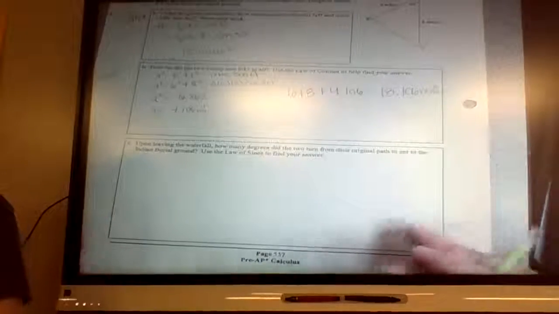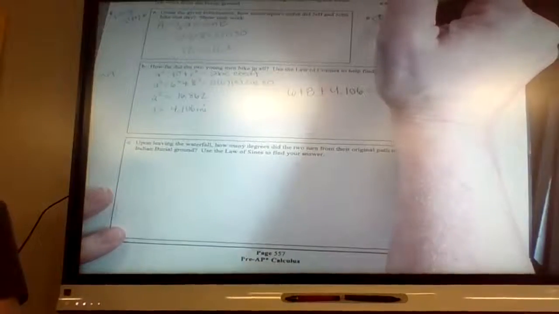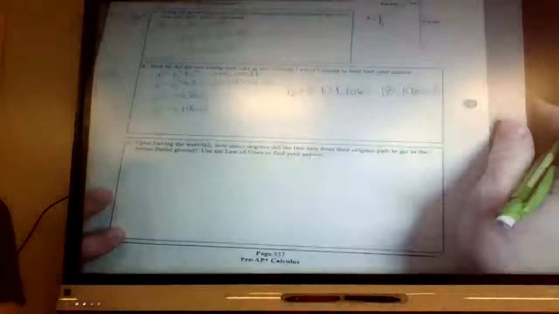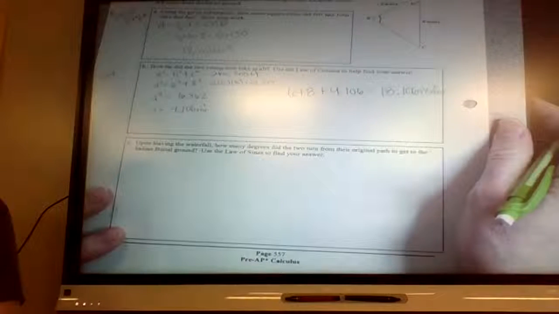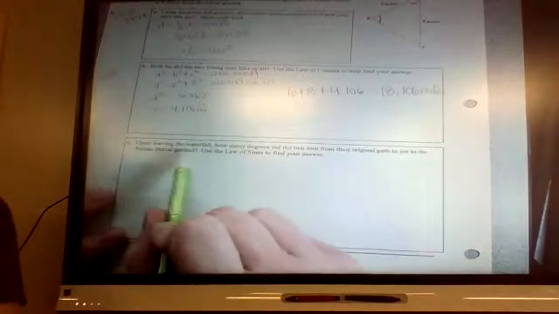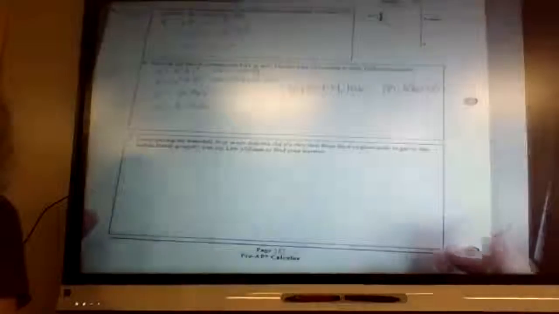So the waterfall's at B. So we're trying to find B. And it says, okay, so when they left B, what was that angle right there? And it says use law of sines.